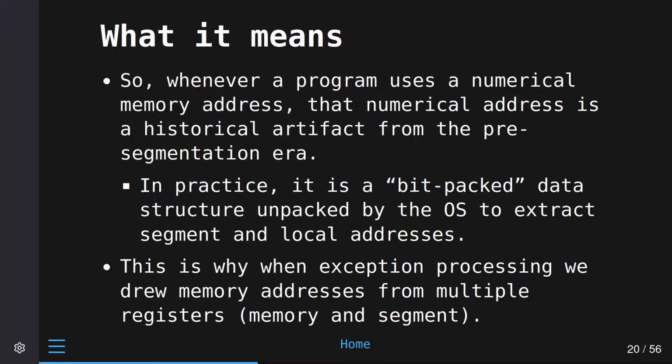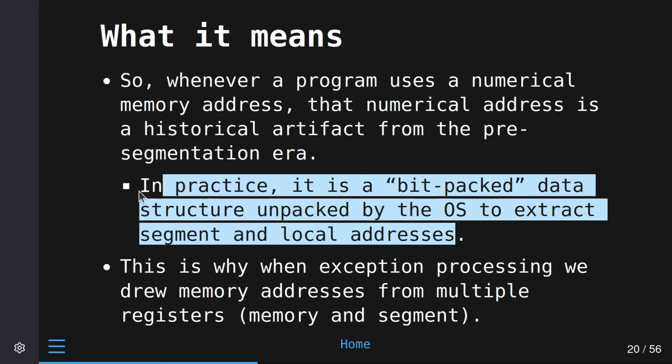I think of it as follows. In the modern era, I do not think of memory addresses as numbers. I think of them as an opaque, bit-packed data structure that happens to be the same size as your bit size, so your usize.